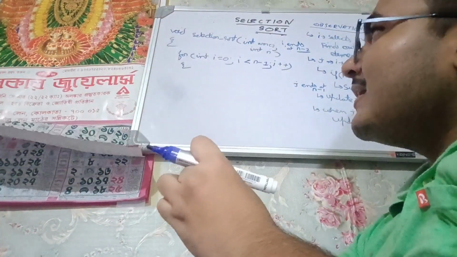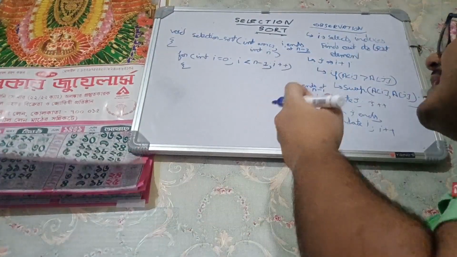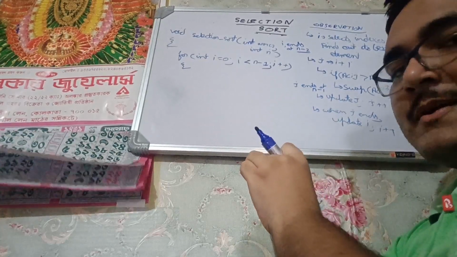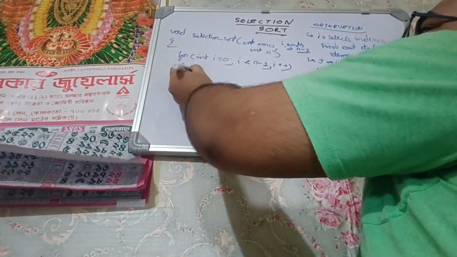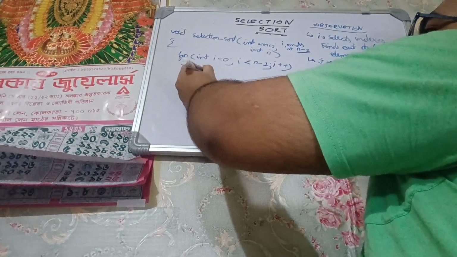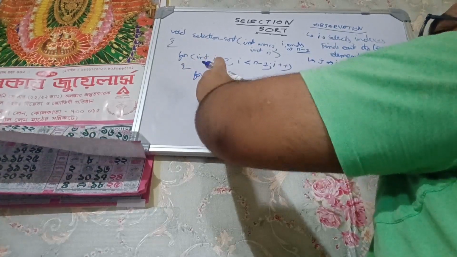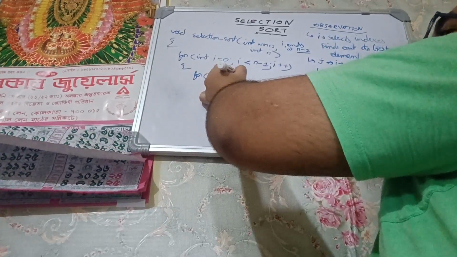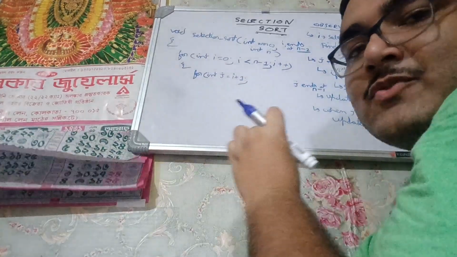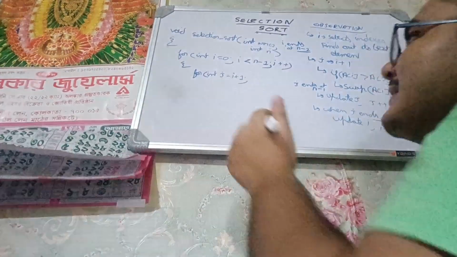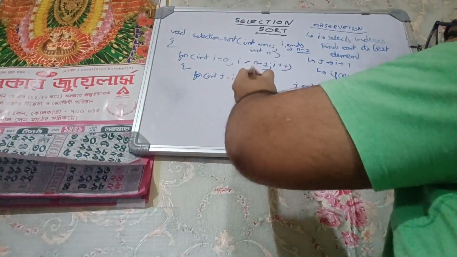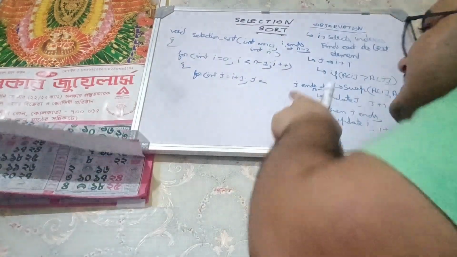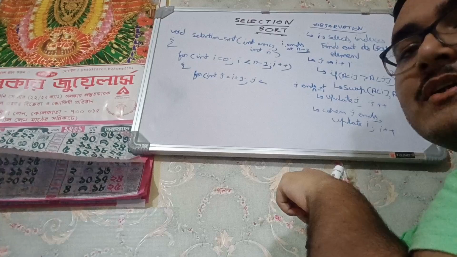Then again the second observation is J starts from I plus 1. That means J is equal to I plus 1 initially, and J is ending at n minus 1.